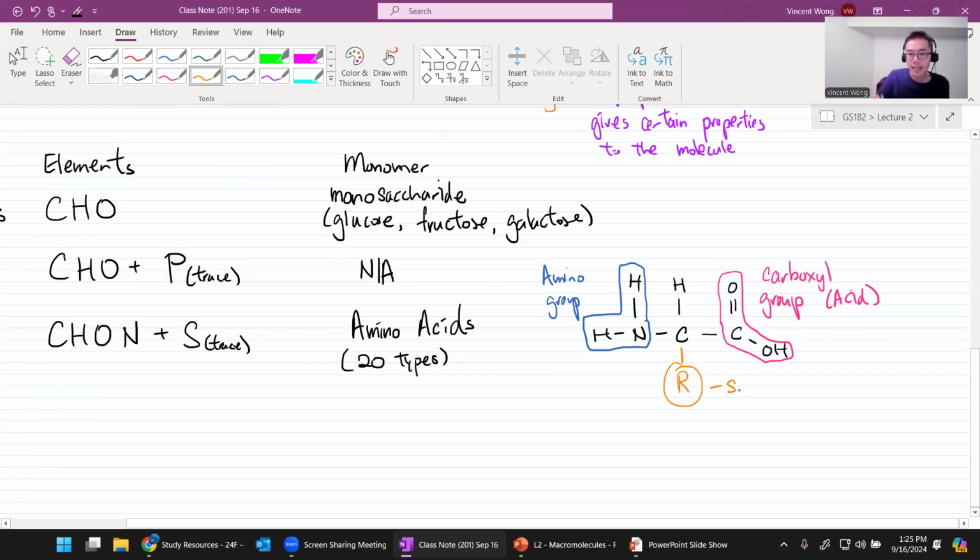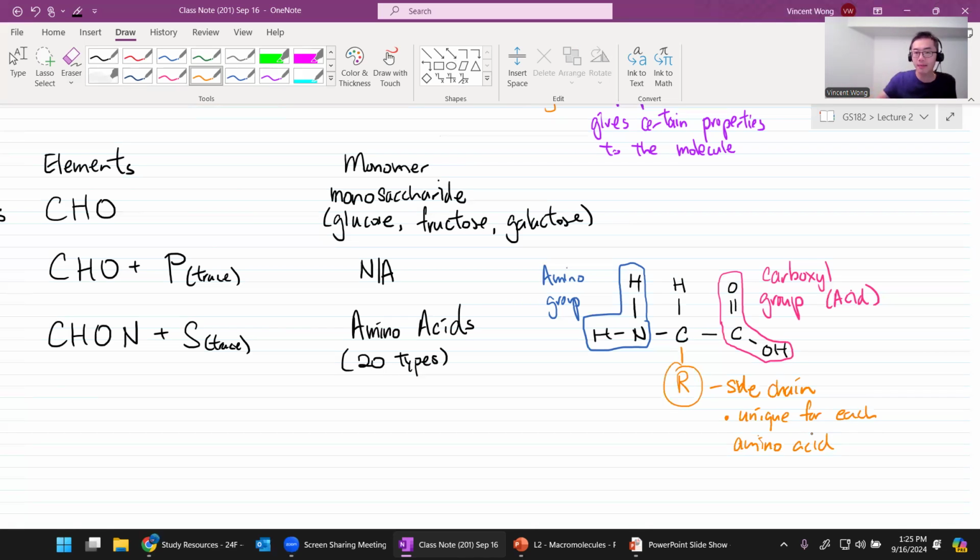We call this the side chain. And it is unique for each amino acid. So there are 20 different types of these amino acids.